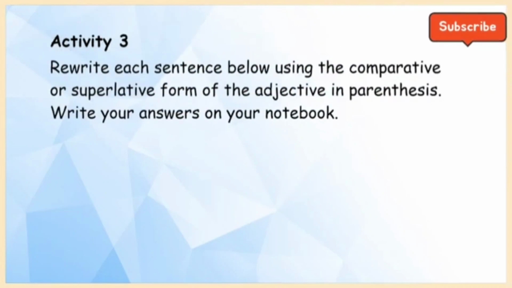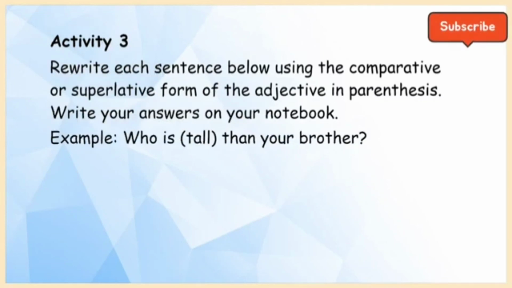Activity 3. Rewrite each sentence below using the comparative or superlative form of the adjective in parentheses. Write your answers on your note. Example. Who is taller than your brother?